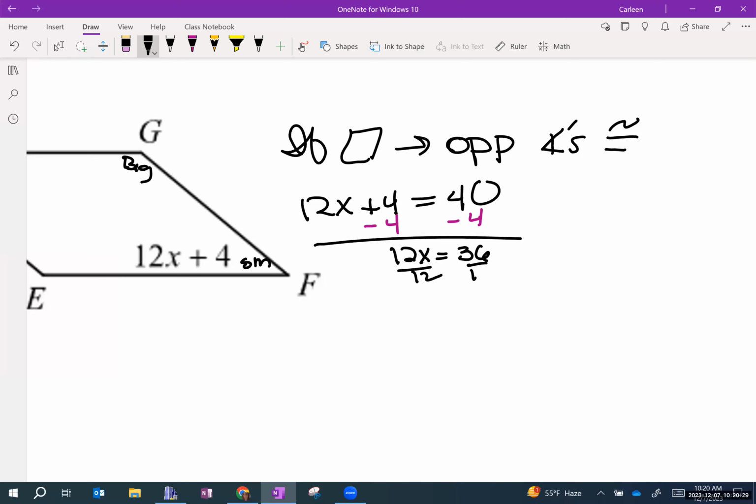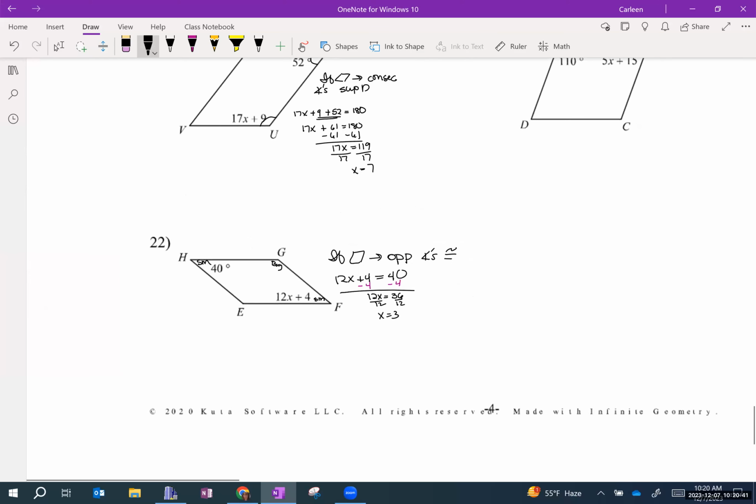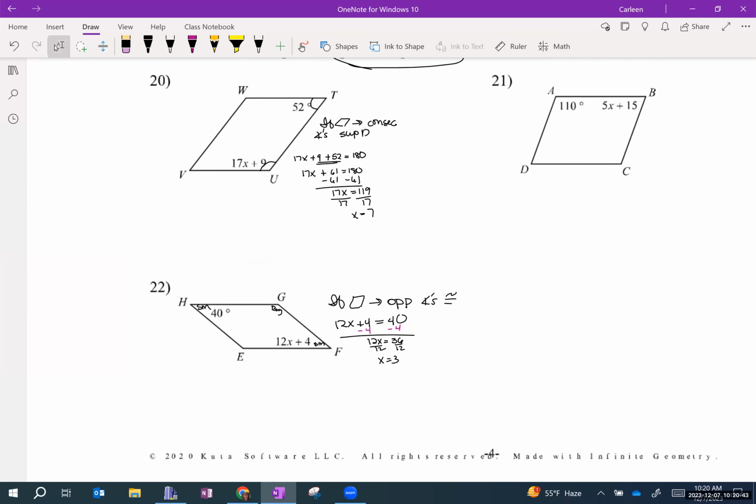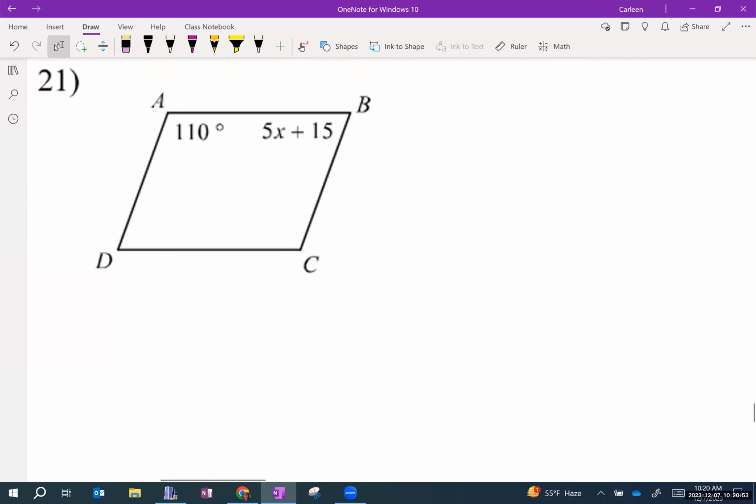Divide by 12, x is equal to 3. Okay, so far, number 20, they were supplementary. Number 22, they were congruent. 21, which one is it going to be?